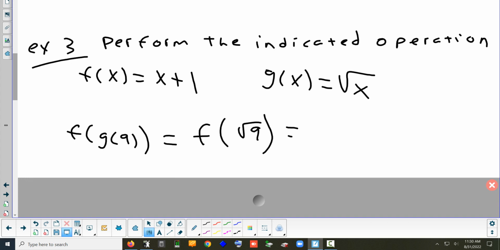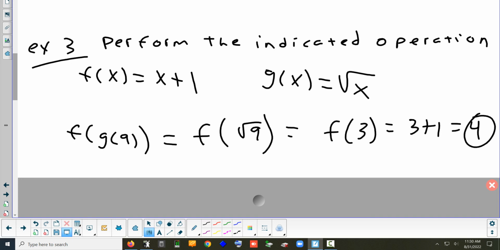What's the square root of 9? 3. Now, I want you to plug 3 into the f function, which was the outer function. Now it's the only function. What's f of 3? That's exactly what you just did with composition. Some people find it a little easier to think about it with a number, but this is a composition. It's just not with letters.